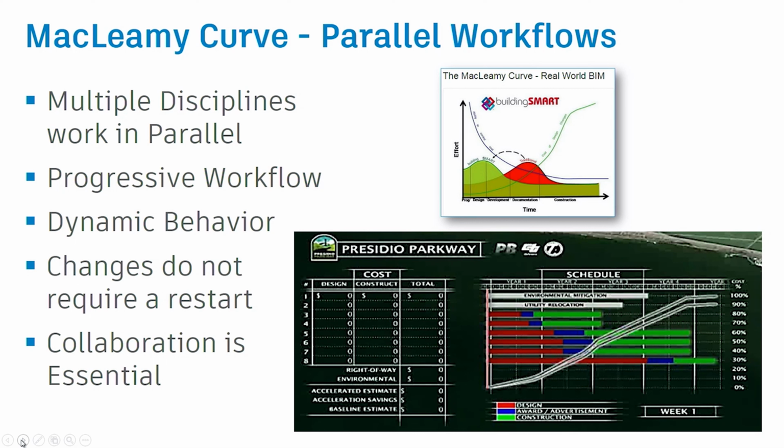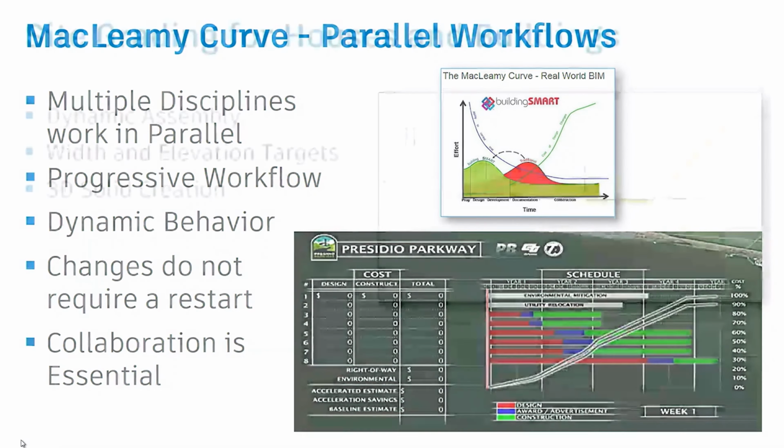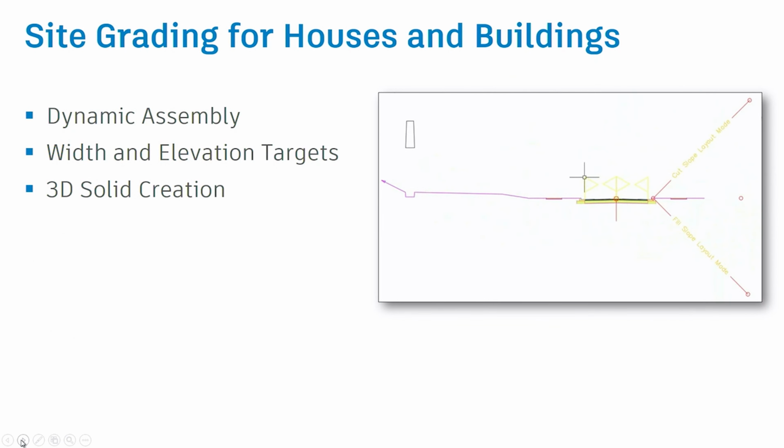We know when we run them in parallel stacked like this, the time gets shrunk because we're not going one, one, one. So I can send the surveyors out to get more information. I can send the geotechnical people out, but my structural bridge people are not going to be stopping and waiting because they know that they can feed that information back in and keep running. So collaboration is essential for this.